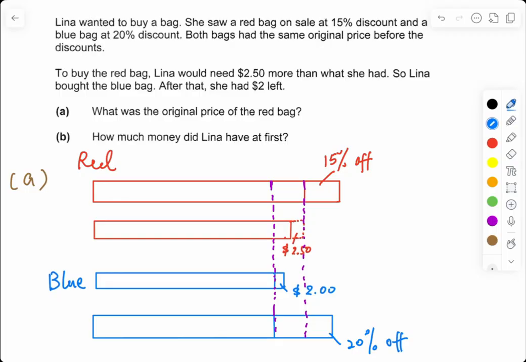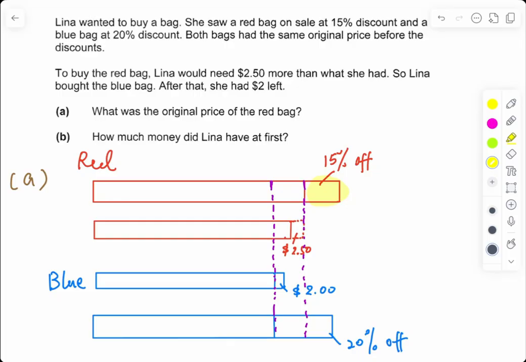Okay, now let's look at the first rectangle. It represents the original price of the red bag. And we know the red bag was on sale at 15% off. So you can see this part is 15% off. And we also know if Linda would like to buy the red bag, she would need $2.50 more.